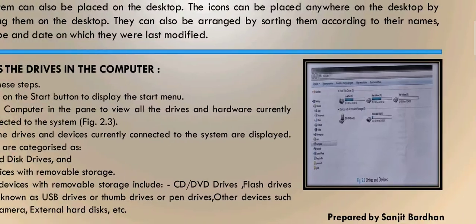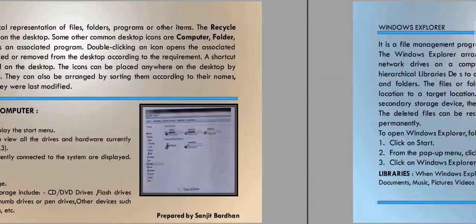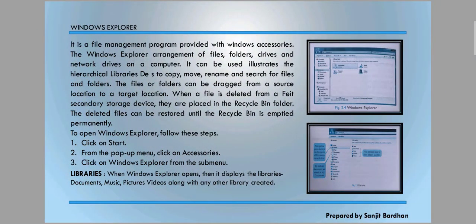The next thing is Windows Explorer. Windows Explorer plays a vital role in our computer. That means Windows Explorer helps us to find anything in the computer. It is a file management program provided with the Windows accessories.